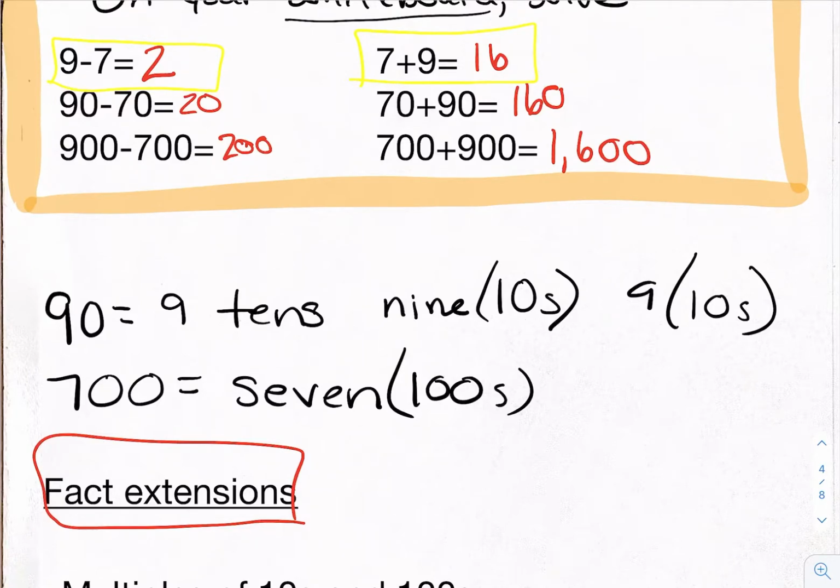They just keep adding zeros depending on if they're tens or hundreds. But the basic fact is used to help us solve bigger problems. They're called fact extensions because we are extending the numbers of the basic fact by adding zeros.